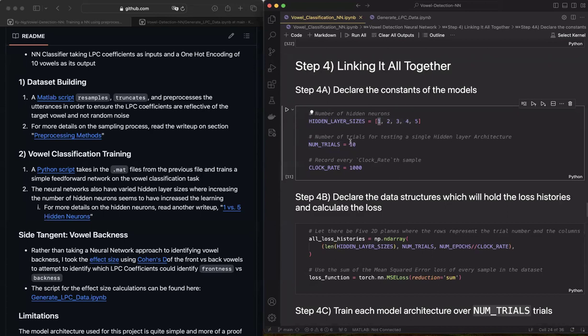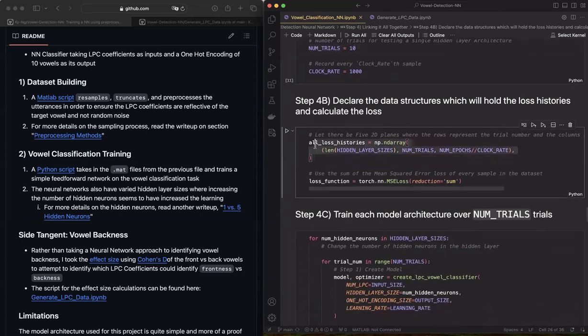So if we have 1 hidden neuron, we're going to run that trial 10 times with randomly seeded weights and biases. Same thing for 2 hidden neurons, 3, 4, and 5 hidden neurons. Again, that's still 3 layers, the first one being 14, the second being some variable hidden layer size, and the last one being 10. We do that 10 times. So essentially, we're running about 50 of these tests.